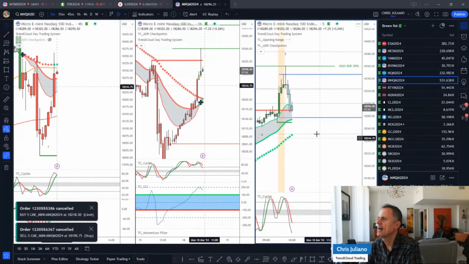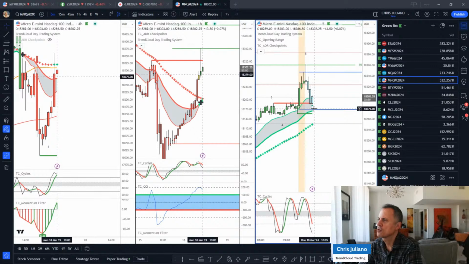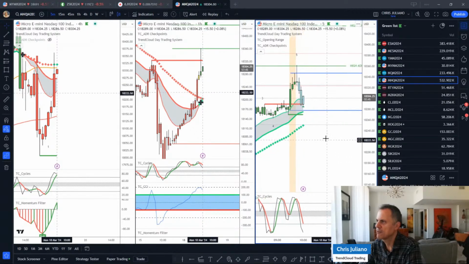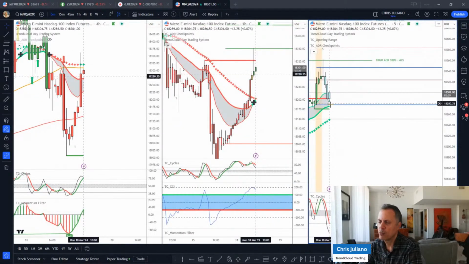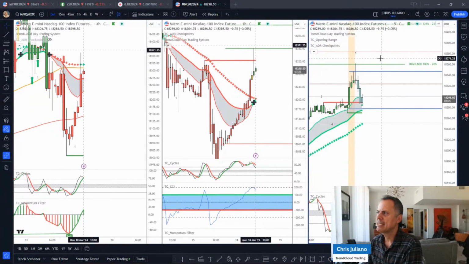Five-minute. Okay, so we're starting to form. You can see the candle forming, and you can see the trend cloud signal forming. That's why we got the alert. But now we've hit that ADR checkpoint. All right, let's think about this.